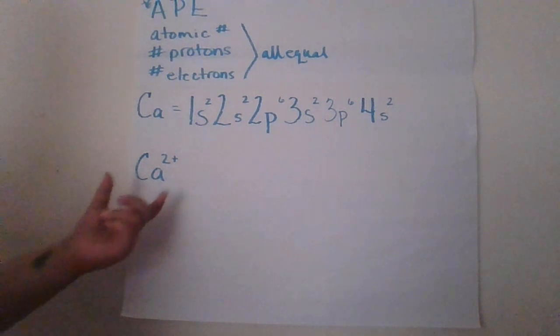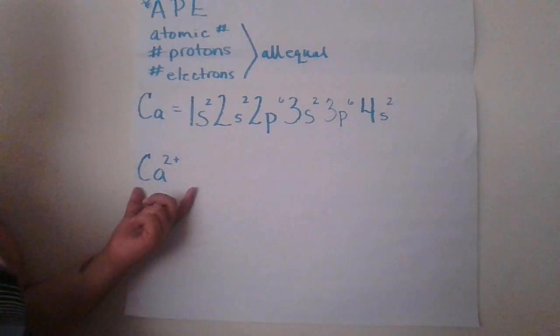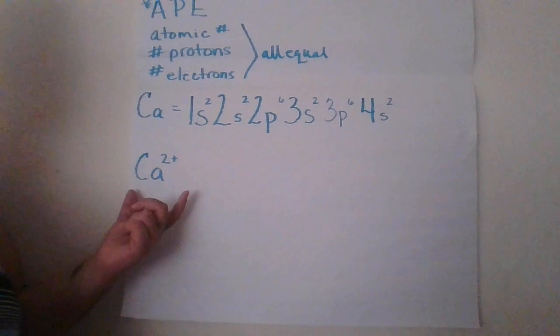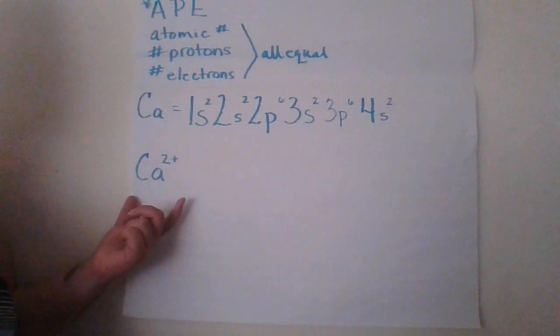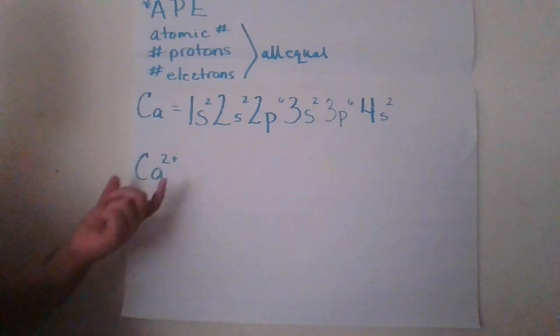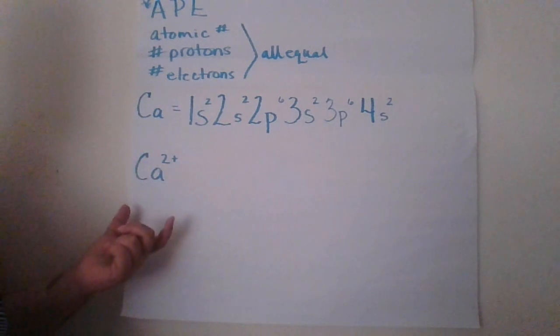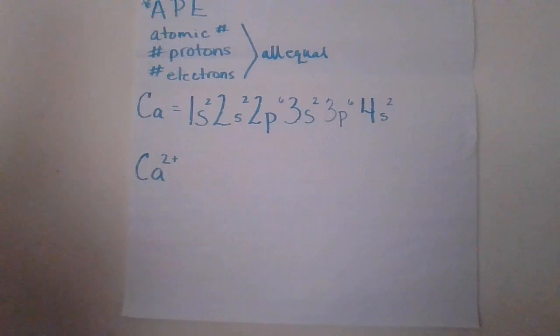But whatever the case may be, you may be asked to write a configuration for an element that has a charge. So here you'll see how this particular element's electron configuration changes when there's a charge involved.